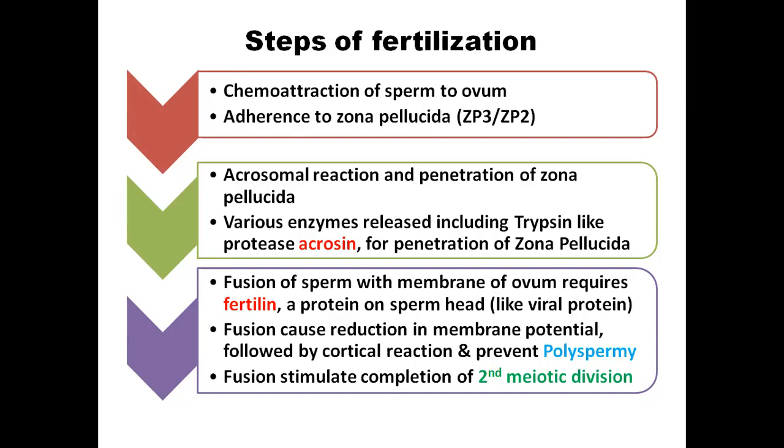And this is due to several chemoactive substances released from ovum. So it is called the chemo attraction of the sperm to ovum. And we all know the site of fertilization is the ampulla of the fallopian tube.